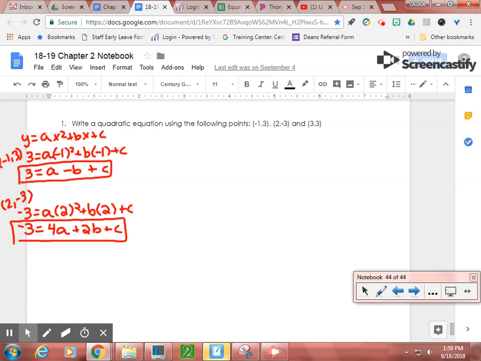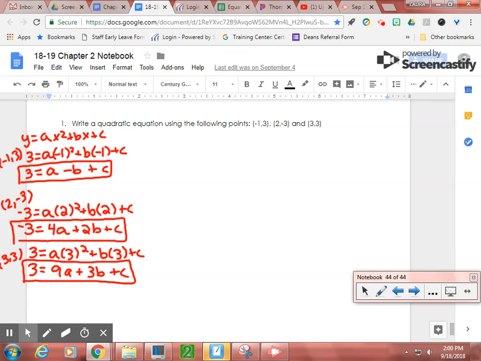Equation number 2. Equation number 3 is using the ordered pair 3, 3. So that's going to give us 3 equals a times 3 squared, b times 3, plus c. So that's 9a plus 3b plus c. So those are the 3 equations that we're going to work with.